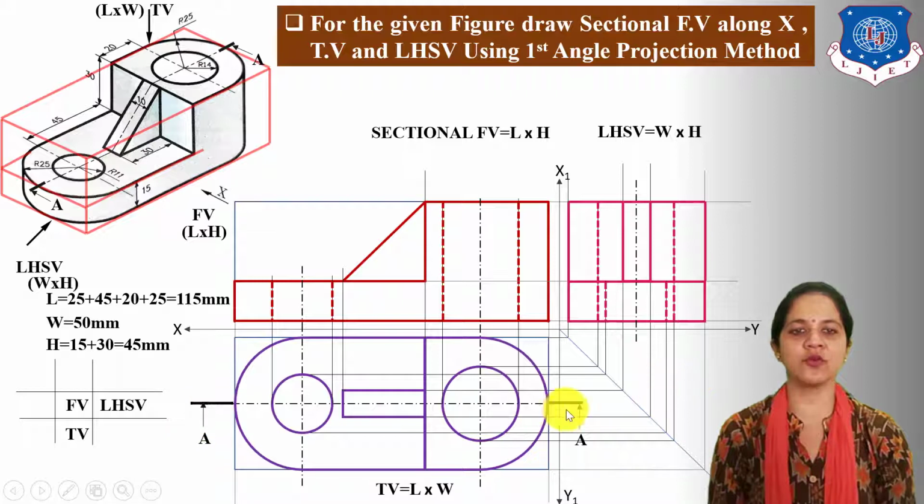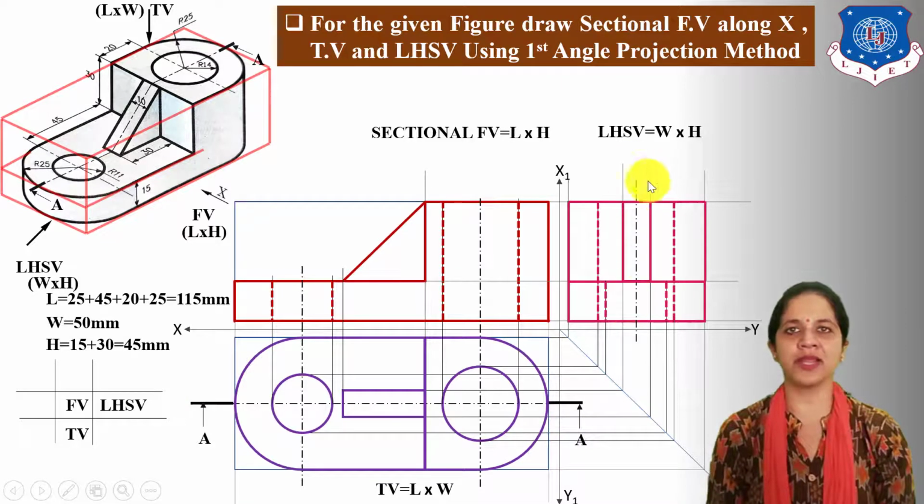Now this arrow indicates position of observer for front view. For front view, the direction of arrow is upward. Next, locate cutting plane line in left hand side view. So transfer this cutting line with arrow in left hand side view.